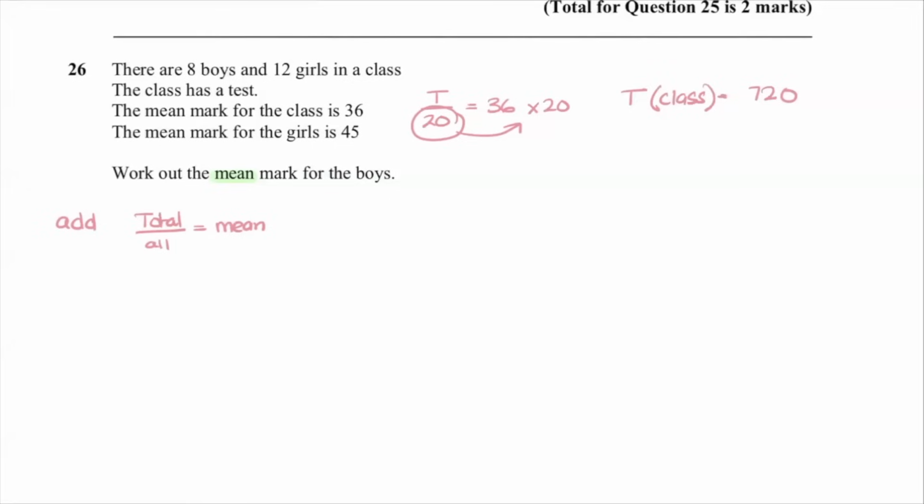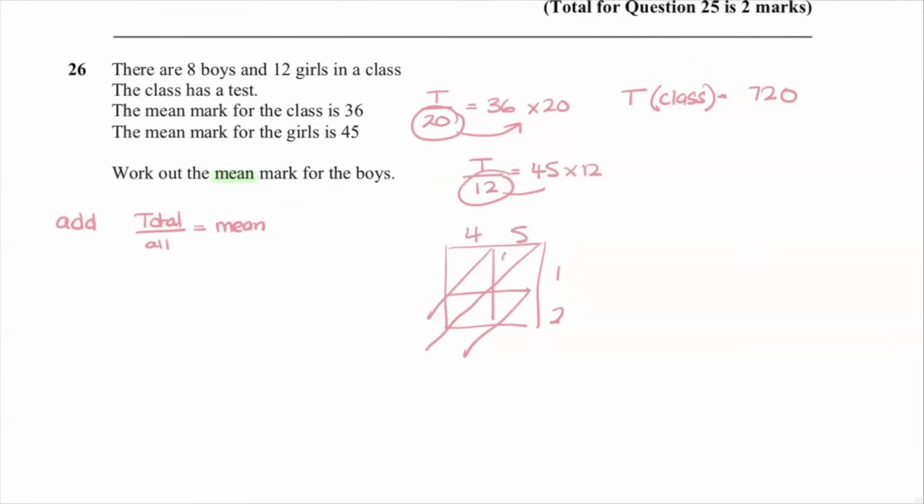I'm going to do the same for the girls now. So there's a total I don't know, but when it got divided by the 12 girls, it gave an answer of 45. So I rearrange and I need to times 45 by 12. Now, this I'm going to need to do a little bit of working out. So the total for the girls is 540.